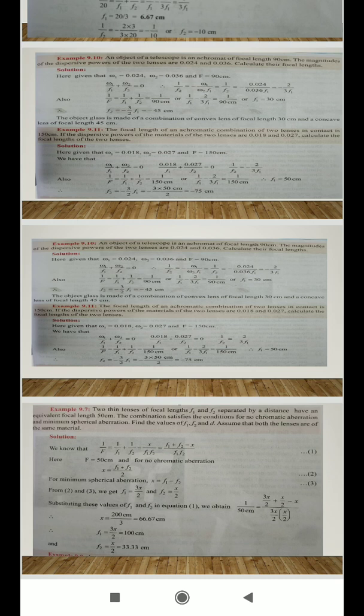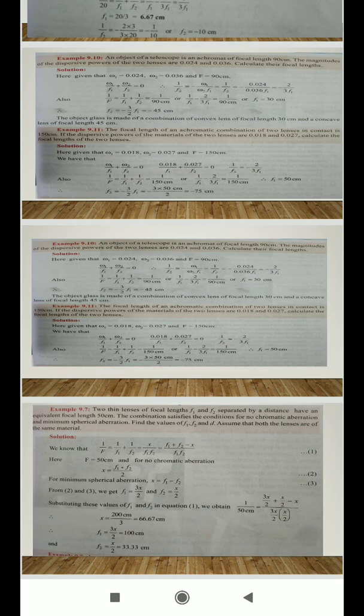For this example, we know that the focal length of the combination of two thin lenses separated by a distance x is given by 1 upon F equals 1 upon f1 plus 1 upon f2 minus x upon f1 f2.